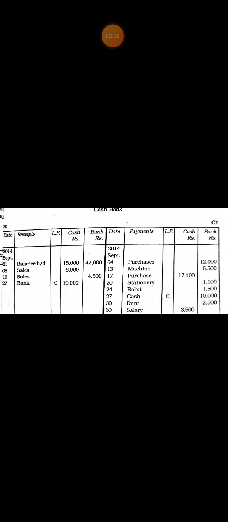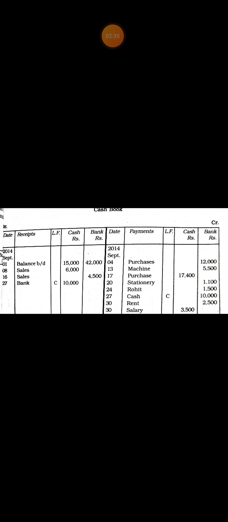Next, September 16, sold goods and received check, which is deposited same day. Sale of goods is a receipt which is written on the receipt side of the cash book and amount is written on the bank column because the check deposited on the same day of receipt.